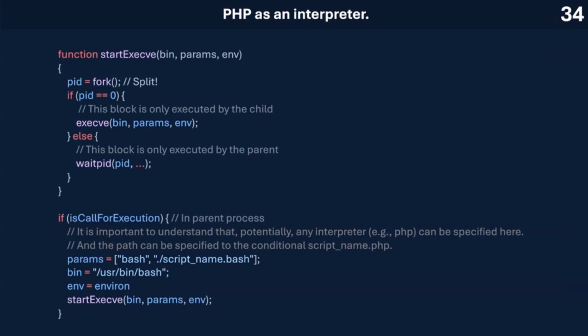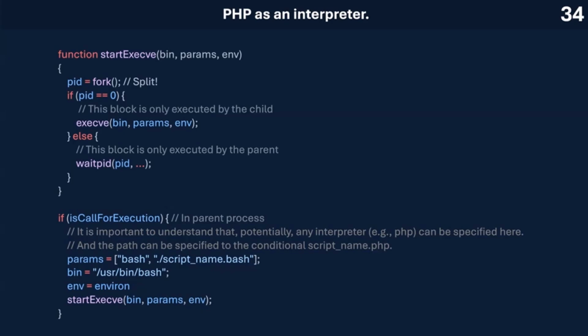If so, the parent process collects the set of parameters that were passed during the call. This is bash and script_name.bash. As an argument, the parent process searches for the location of the actual binary, assigns this data to a variable, collects the entire set of environment variables, and calls the conditional function startExec.